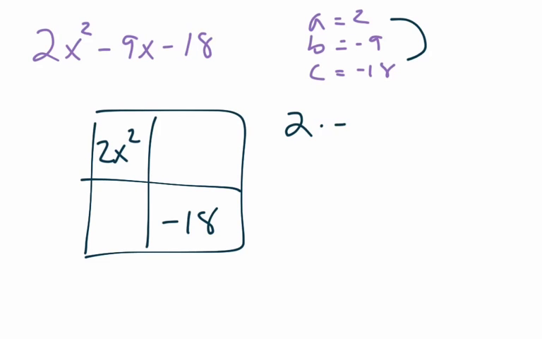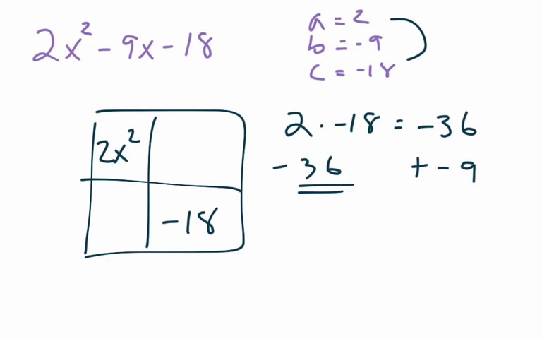So we need to do 2 times negative 18, which gives us negative 36. And we cringe a little bit because, ouch, that's a big number. And we need them to add up to negative 9. So we're looking for two numbers that multiply to give us negative 36 and add up to negative 9. And so we can start listing those factors.